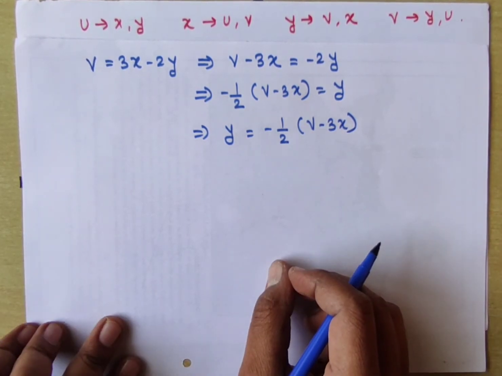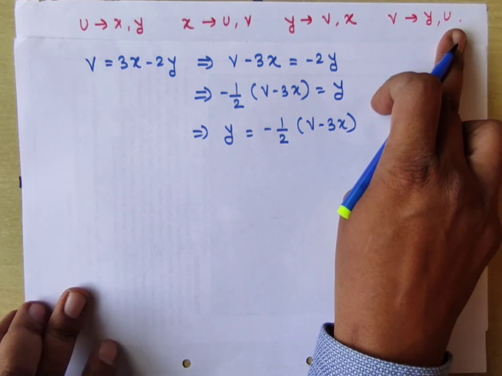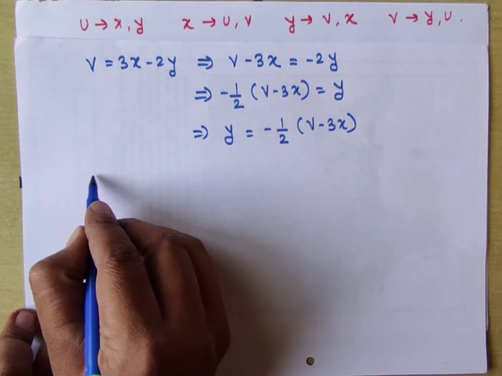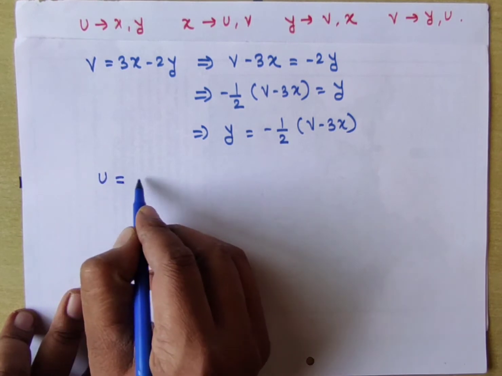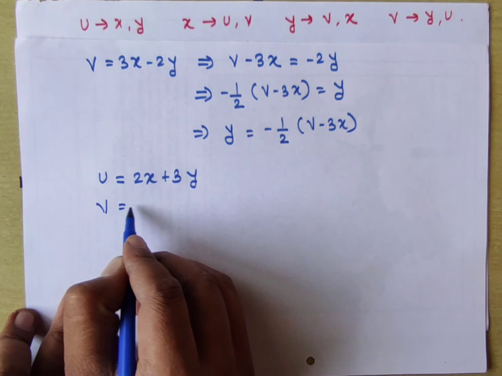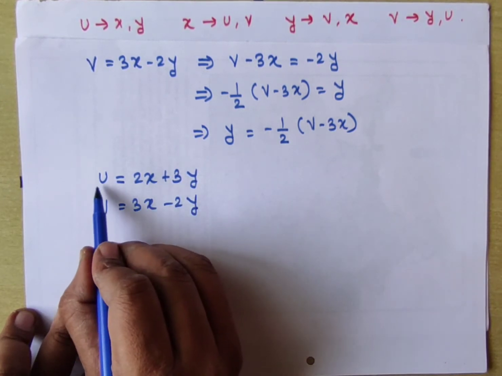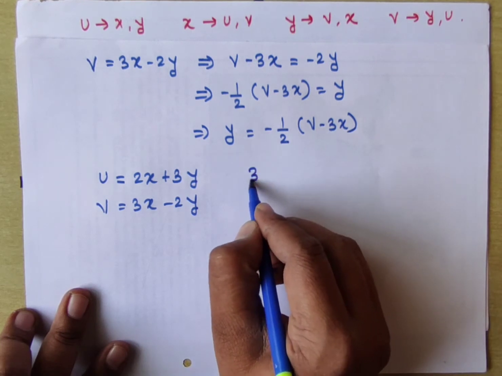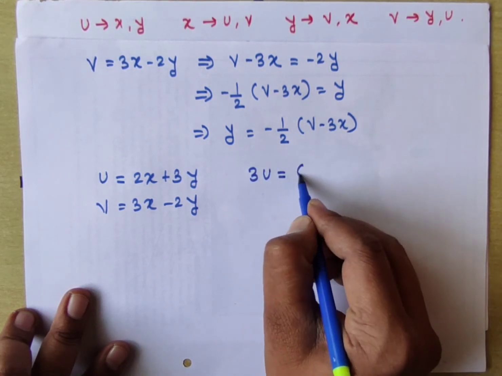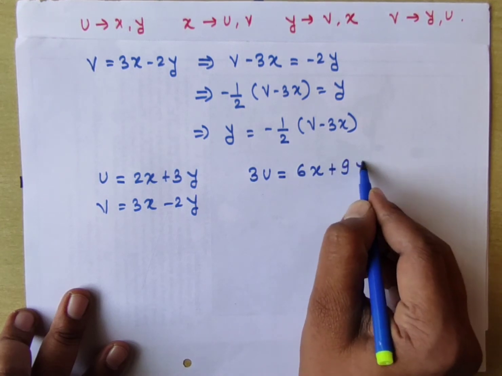Now again, to find the value of v in terms of y and u, means we don't require x. Now we have two relations, u is equal to 2x plus 3y and v is equal to 3x minus 2y. To remove x, we multiply the first equation by 3, so we get 3u is equal to 6x plus 9y.